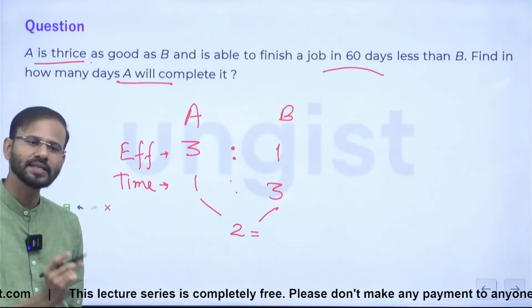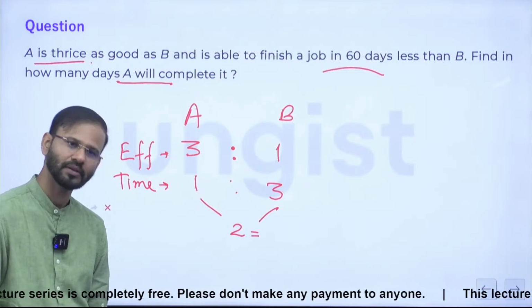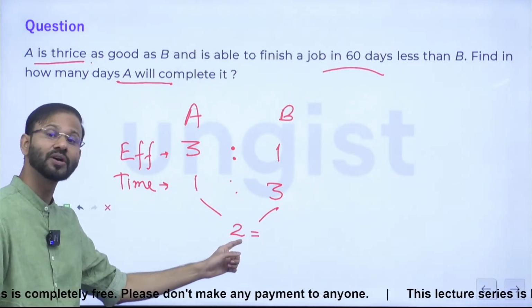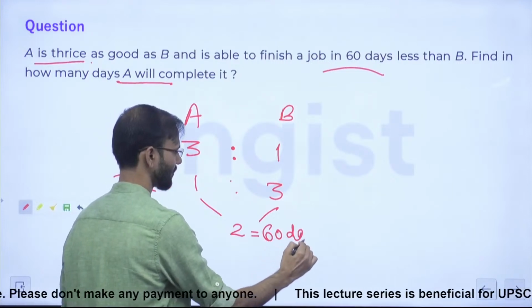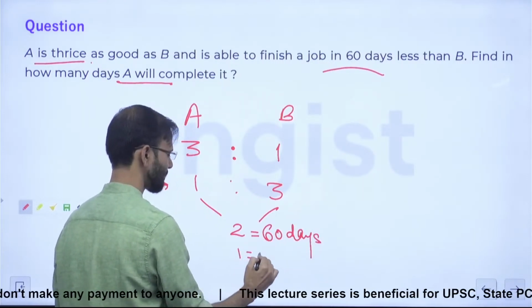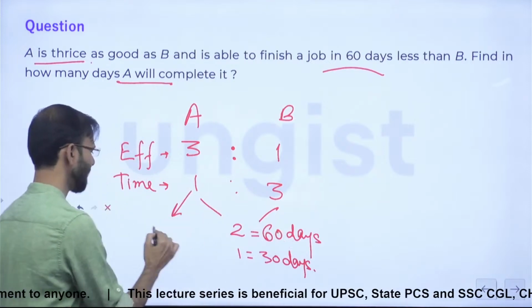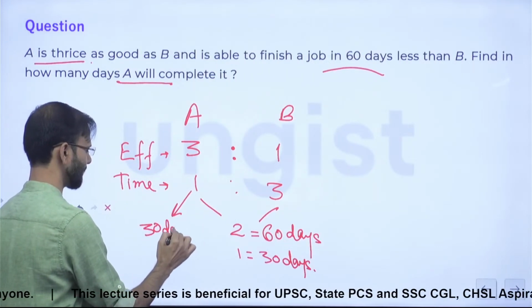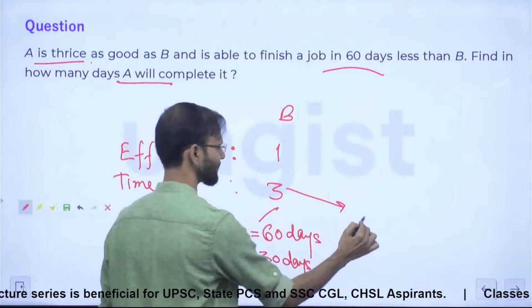A is taking 60 days less than B to finish that work. So this 2 unit is equal to what? 60 days. Right? So 1 is equal to 30 days. So guys, A is doing that task in 30 days. And what about B? 90 days.